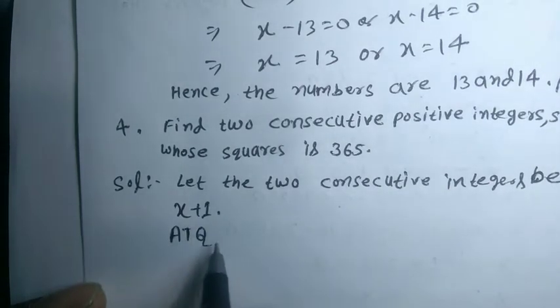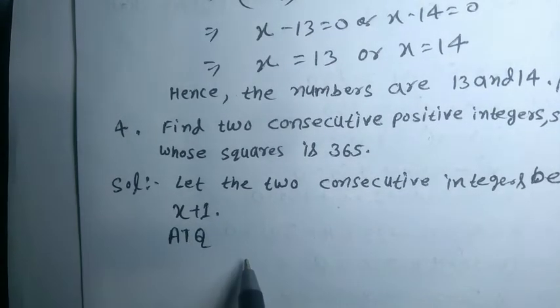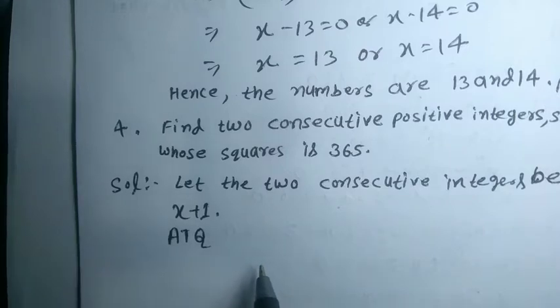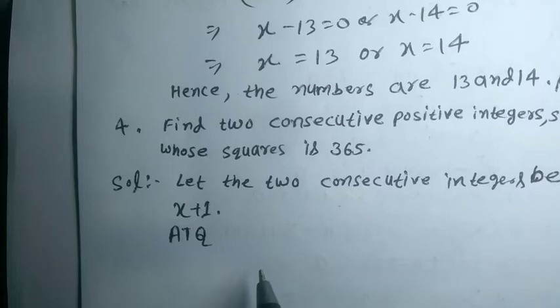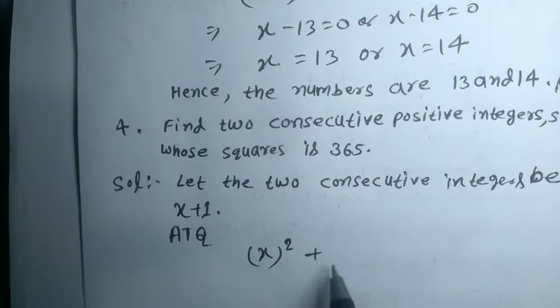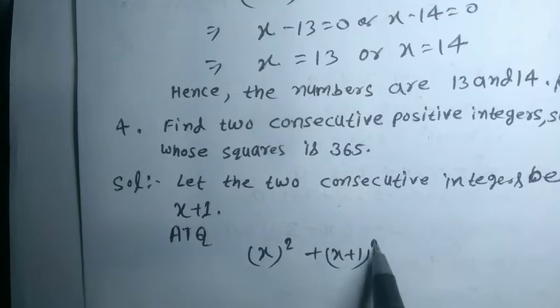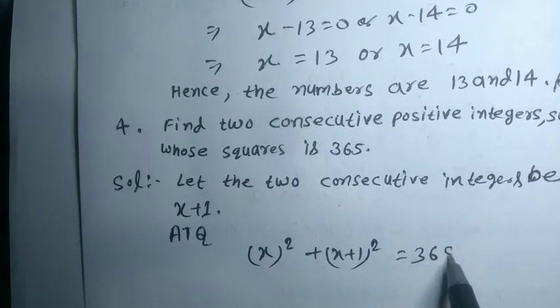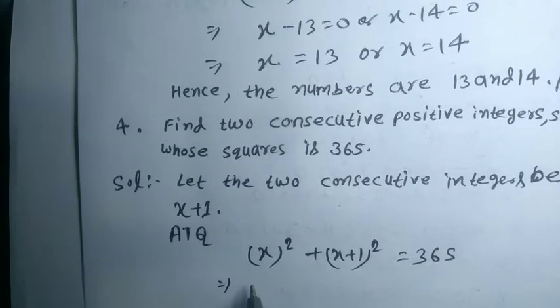According to the question, the sum of whose squares is 365. So we write here x square plus x plus 1 the whole square is equal to 365.